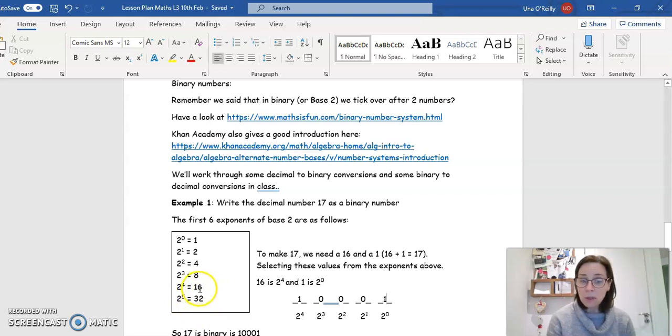So we can use 16, which is 2 to the power of 4. That'll give us a 16. To make up 17 then, we just need a 1. So 16 and 1, which is the same thing as 2 to the power of 4 and 2 to the power of 0. And the way you write that, you always start on the right hand side with your 2 to the power of 0, and then you go across 2 to the power of 1, 2 to the power of 2, 2 to the power of 3, 2 to the power of 4.